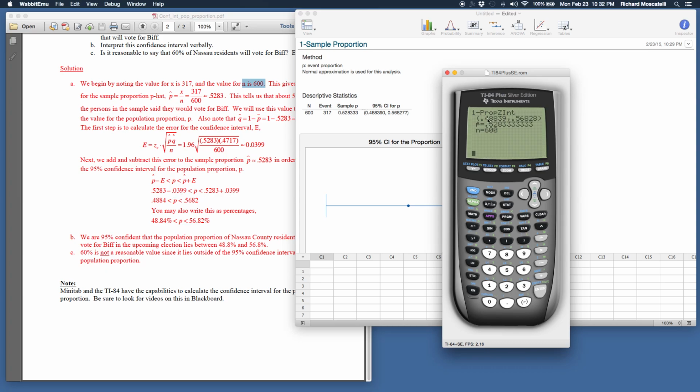Now remember, when you use the software to get the confidence interval, it does not tell you the value of the error in the confidence interval. Now don't mix up the error for the confidence interval with the standard error. The standard error typically is sigma divided by radical n. But once you take the sigma over radical n and multiply it by that critical z-score, you get the overall error of the confidence interval. So remember, when you use the software, it doesn't tell you that error. So if you want the error, you take the lower and upper bound of the confidence interval, you subtract them to find how far apart they are.